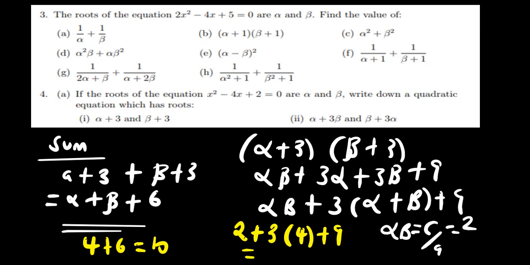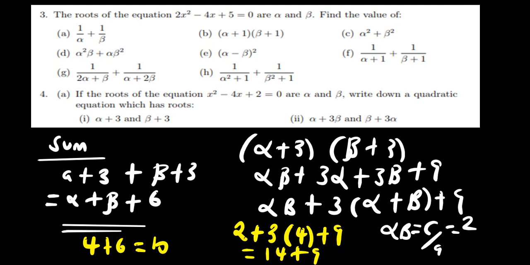3 multiplied by 4, that is 12. 12 plus 2 is 14, plus 9. When you add 14 plus 9, what do you get?